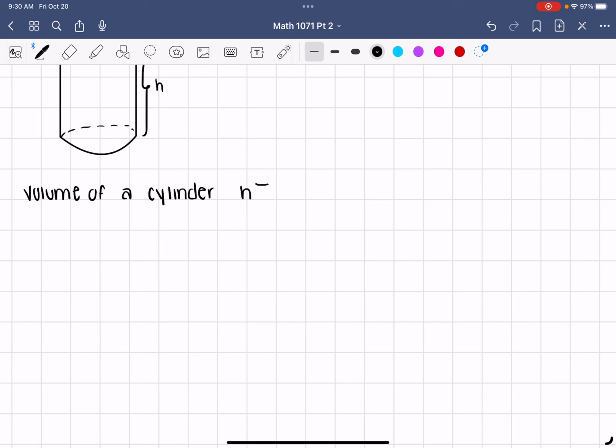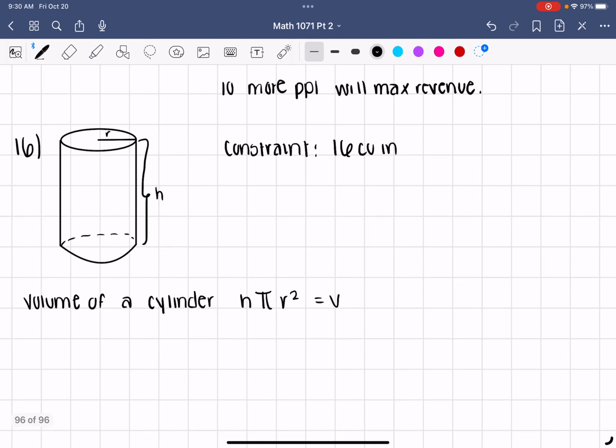It says most economical. Does it make sense that it is saying the least surface area? Because that's saying the least amount of cardboard. Make sense?